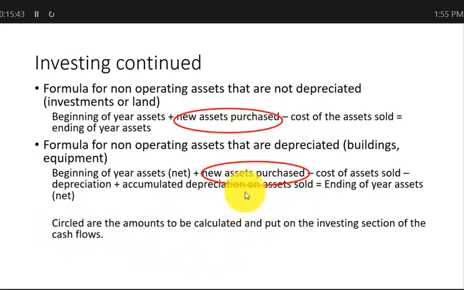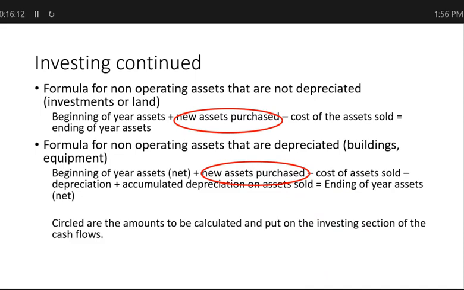So in our formulas listed here, the circled amount is what would actually get put on the investing section of the cash flow as a negative, right? Because this is a cash purchase, so we spent cash on it. The rest of it is just information we need to calculate what we put on the cash flow. None of the rest of it would go on the cash flow itself.